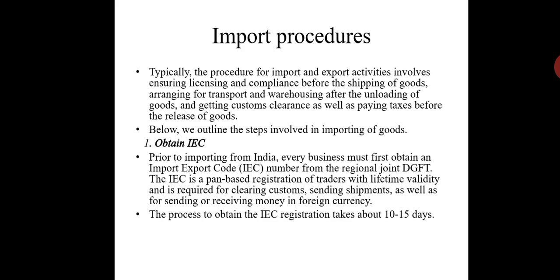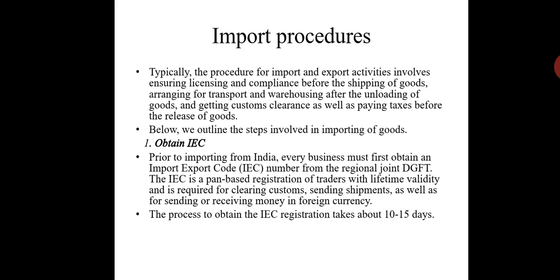Just roughly, the steps for importing are: number one, having your own license for importing; number two, paying all the taxes and custom duties required during importation; number three, making sure you have a warehouse, a godown, where you will take your imported goods.